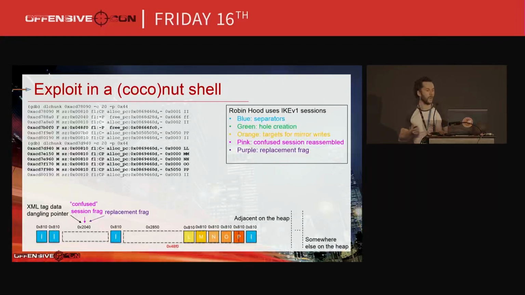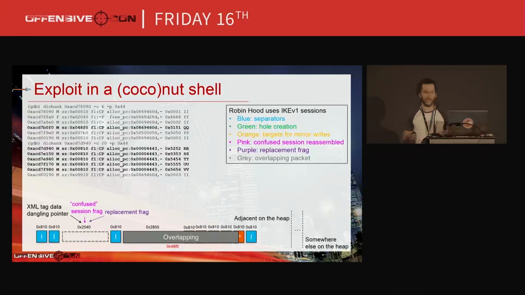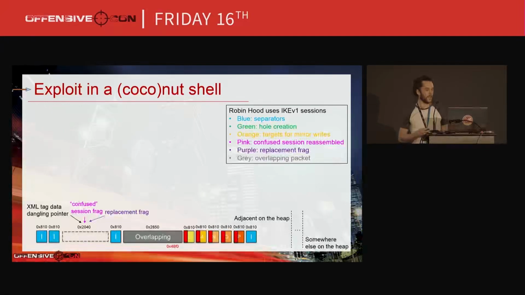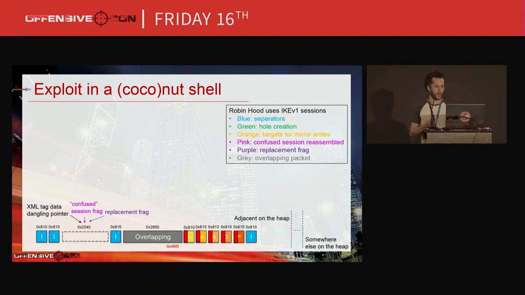And here we win, because we can replace this hole with control data from another IKE session, hence the Robin Hood technique. We corrupt all the adjacent chunks, the malloc header and all the linked list pointers, and we can have a mirror write primitive from now on.